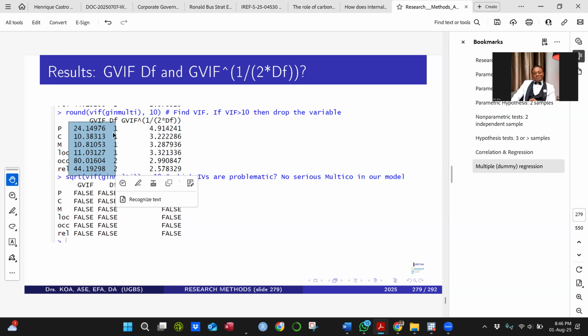Remember, you don't consider the variance inflation factor for the dummy variables or the categorical variables: location, occupation, and religion. I've asked this question in your questions; why you don't consider them is important. But if you take those out, price is a problem because the variance inflation factor is 24.